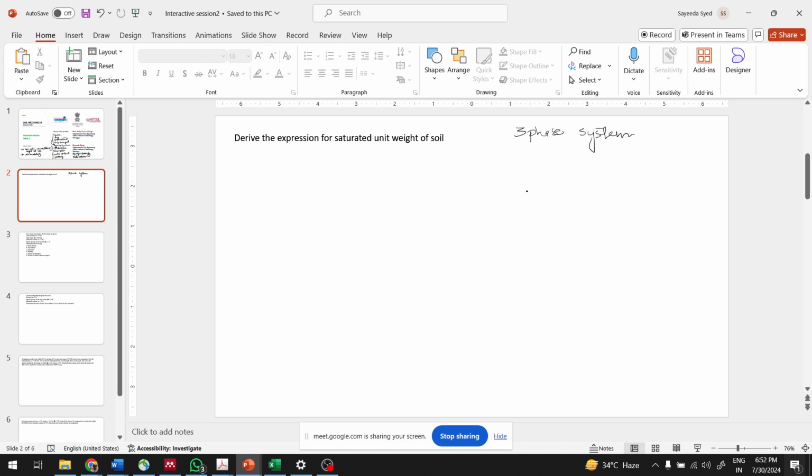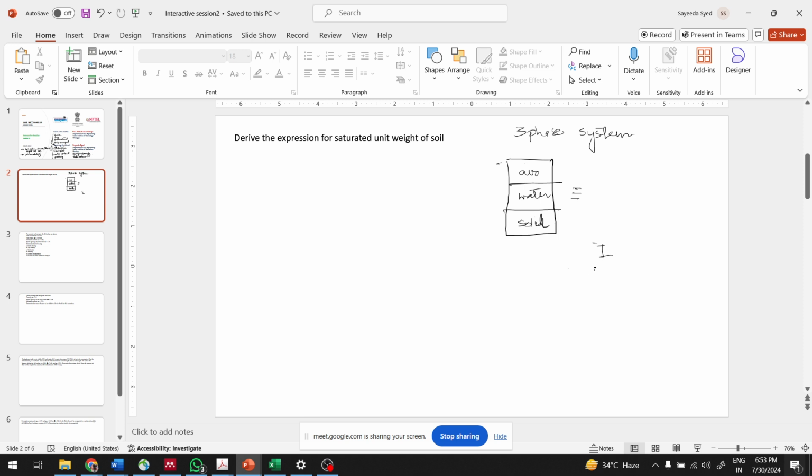So you know that this is a three-phase system in which you have solid, which is your soil mass, then you have the water, and then you have the air. This is the three-phase system. This gets converted into a two-phase system in two cases.